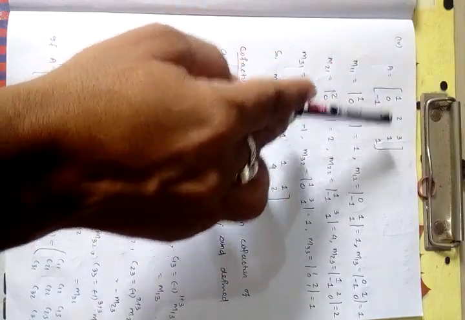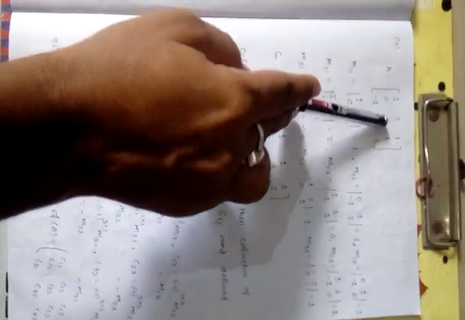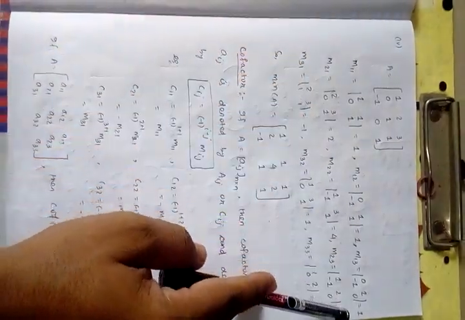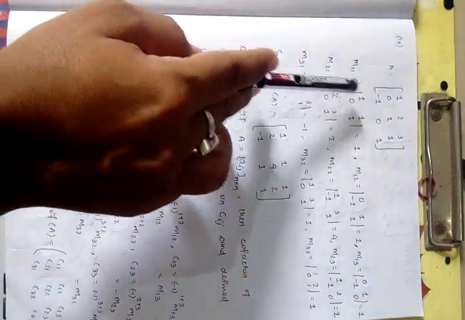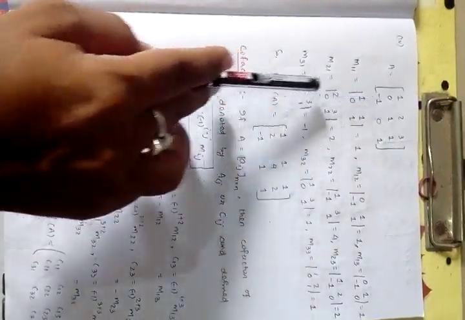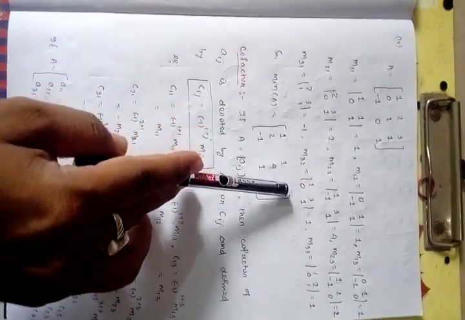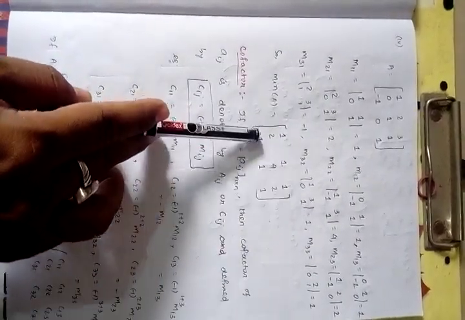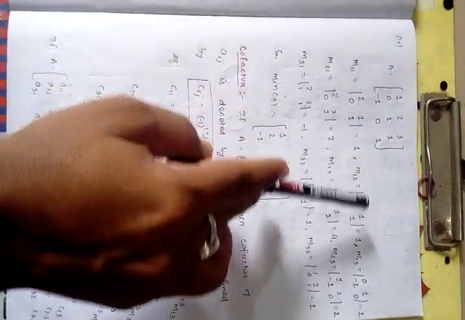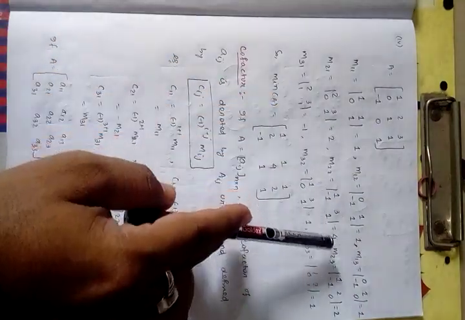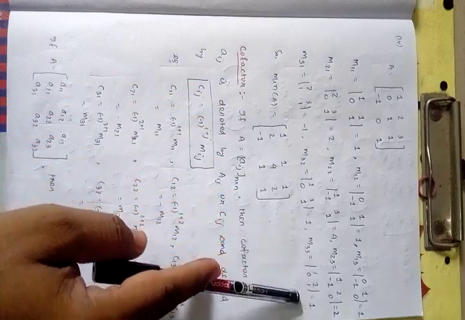Similarly, for M13, we delete the first row and third column. The remaining elements are 0 1, minus 1 0 and the determinant is 1. In a similar manner, we can find M21, M22, M23, M31, M32, M33. So the minor of A is M11, M12, M13, M21, M22, M23, M31, M32, M33, that is 1 1 1, 2 4 2, minus 1 1 1.